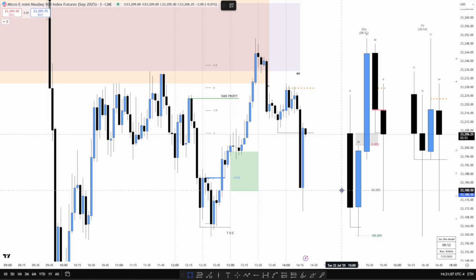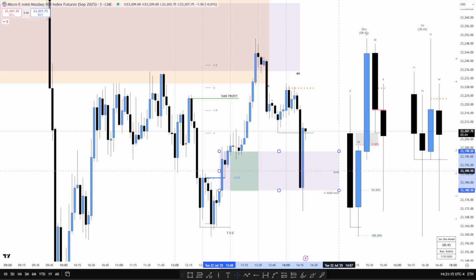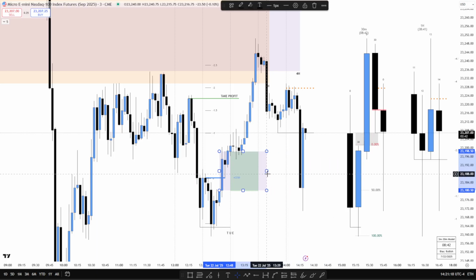This is what I meant to grab. The 50% to the candle close, come across, and there is your T-spot. That's how I used to do this manually all the time without the indicator. A little bit more work, but the indicator just makes it so nice because it just comes on there right away and boom, you're done.